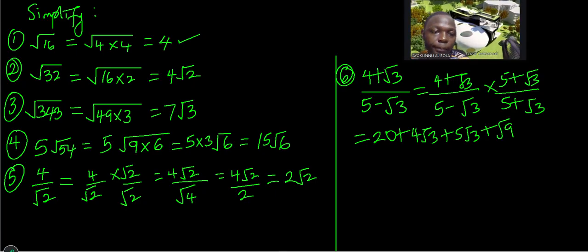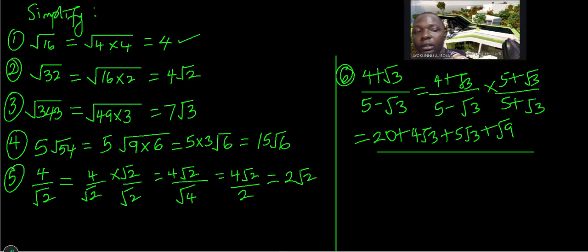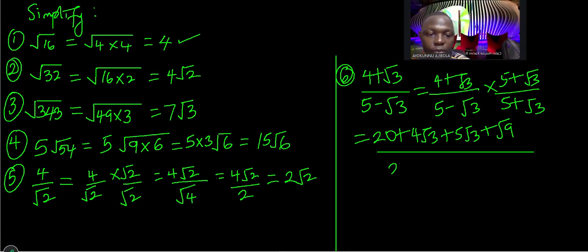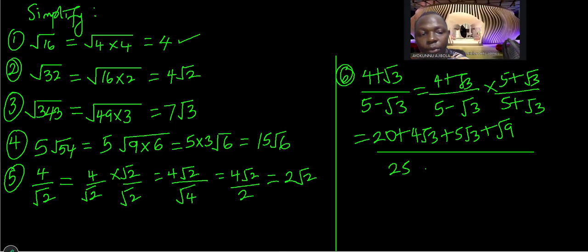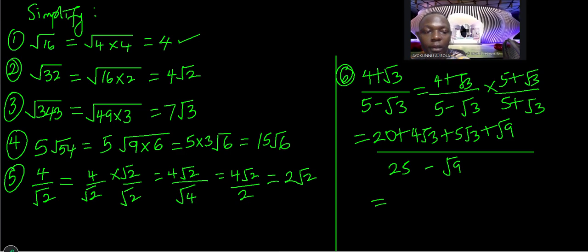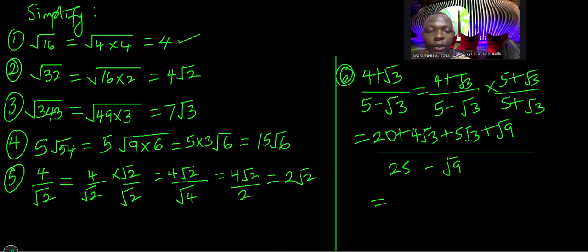You understand? Then whenever you have the difference between squares, you square this one, which is 5 squared, which is 25. Then you square the other one, which is root 3 times root 3, which is root 9, and this is going to be 3. So 20 plus 3 is 23.